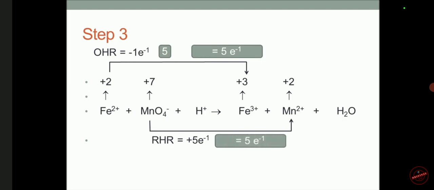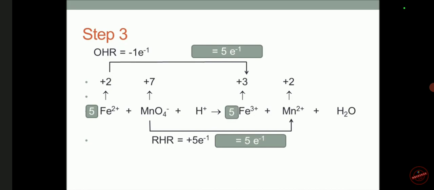The reduction half reaction requires 5 electrons. So we have generated 5 moles of electrons by taking 5 moles of Fe2+, or we have to add a coefficient for Fe2+. That's the 5 moles of electrons that we need. If you have 5 moles of Fe2+ on the reactant side, we also need 5 moles of Fe3+ on the product side.